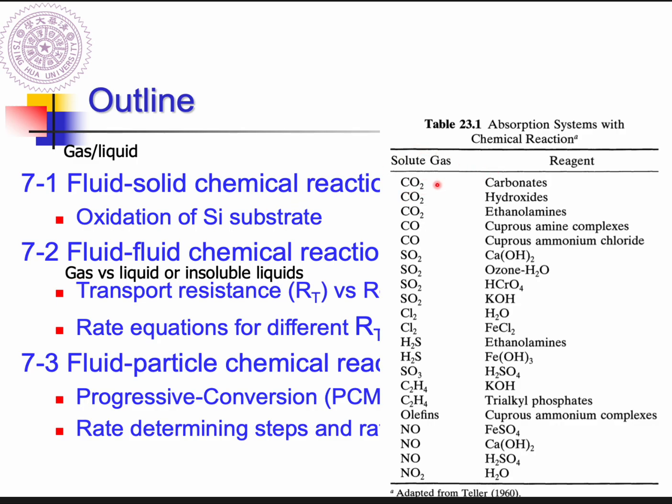For example, if you want to remove the carbon dioxide from the mixture, then probably you can use a carbonate or hydroxide. And this table shows, for example, if you want to remove the NO from the mixture gas, then probably you can use this solvent.